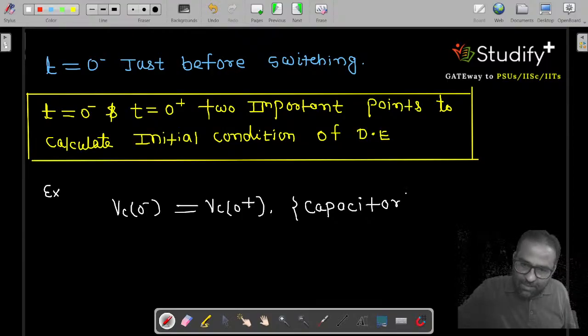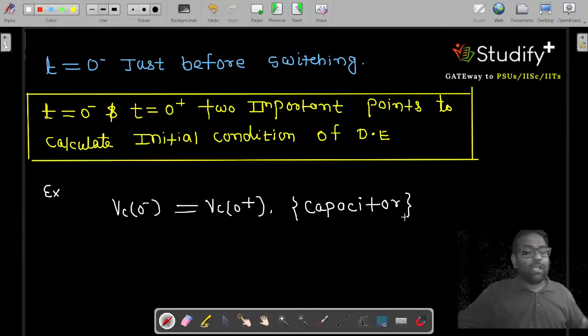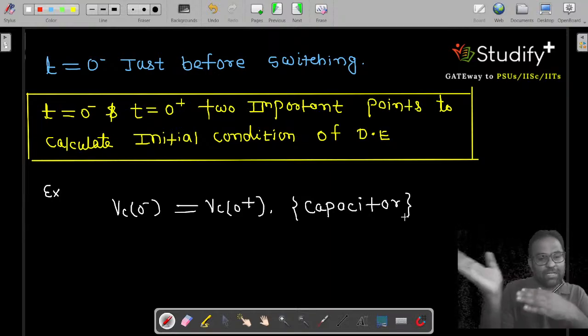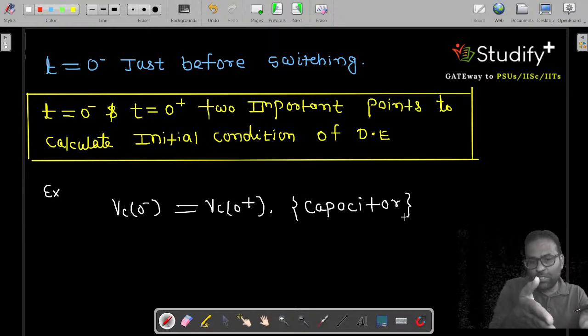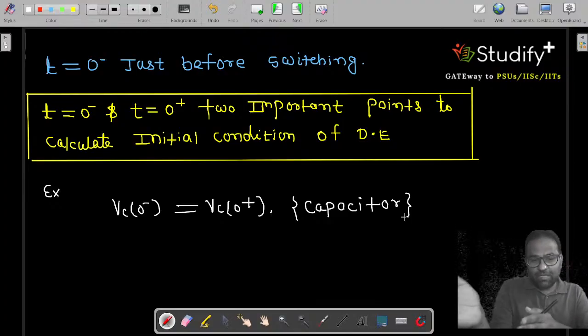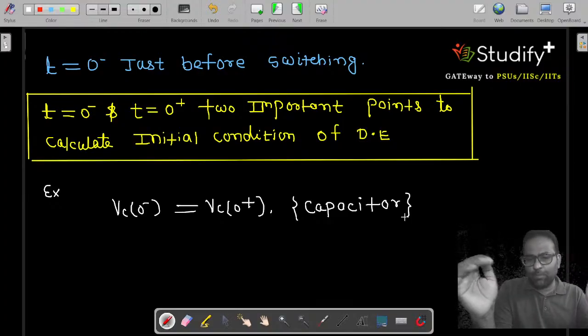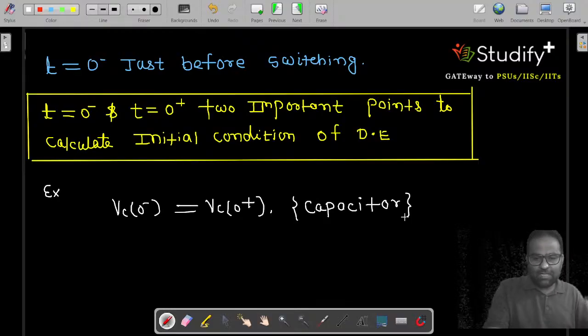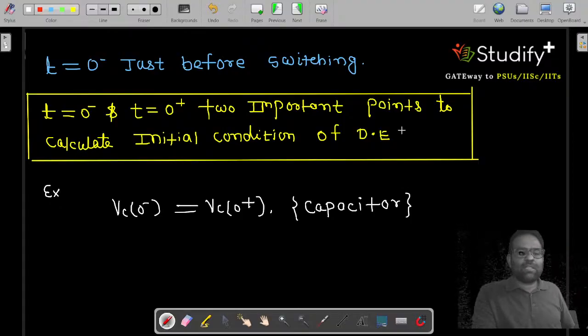Because for a capacitor the voltage does not change abruptly, I can do this. But I cannot do the same thing for the voltage across an inductor; rather, I can copy the current across the inductor from 0 minus to 0 plus. What is the reasoning behind it? Because the solution of the differential equation is only valid for t greater than or equal to 0. That's why these two points are very important for calculating the initial condition.